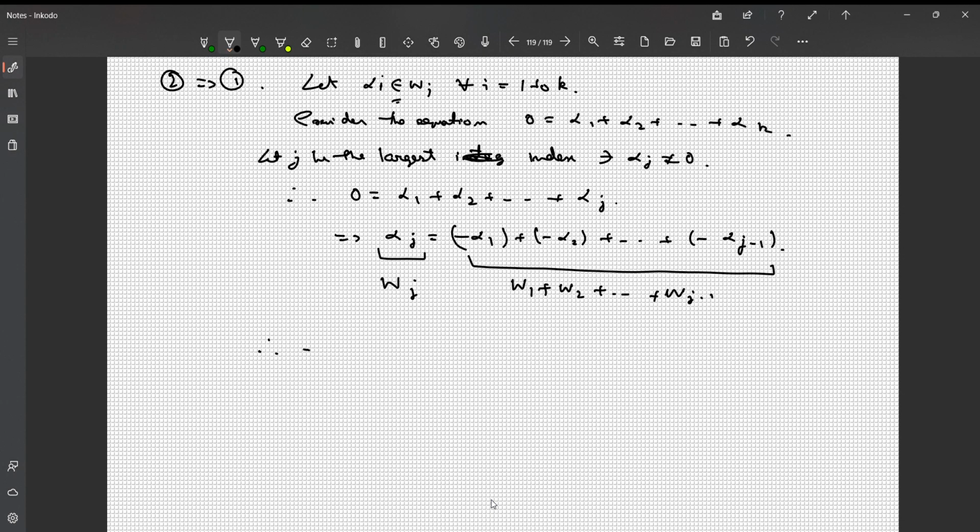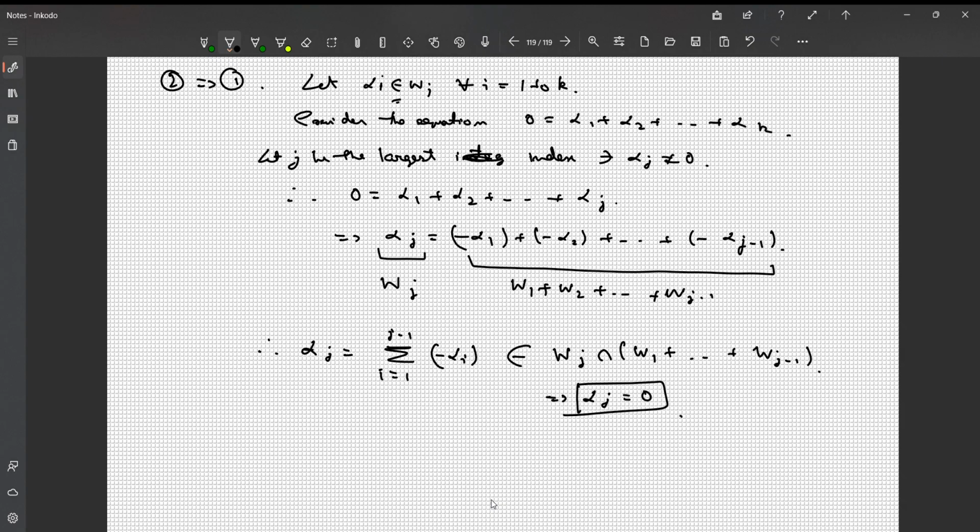Therefore, alpha j is equal to summation over minus alpha i's, i equal to 1 to j minus 1. This belongs to Wj intersection W1 plus till Wj minus 1, right? So that typically means that alpha j is 0. But we had chosen j to be the largest index such that alpha j is not 0, right? So we got alpha j to be 0.